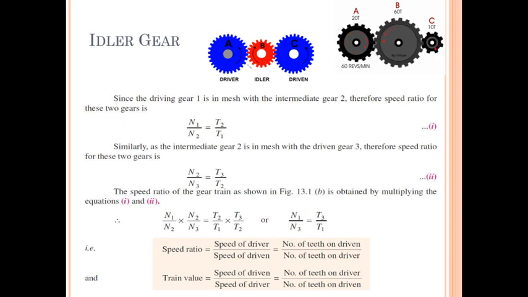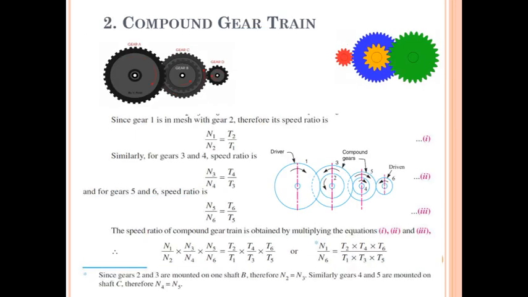Second function of this idler gear is to obtain the desired direction of motion of the driven gear, isn't it? That means suppose A is the driver gear and you want the driven gear in the same direction, you can use an odd number of gears. If you want opposite direction for input and output gear, you can use an even number of gears in between driven and driver gear, isn't it?